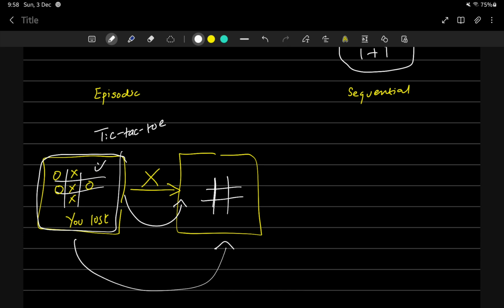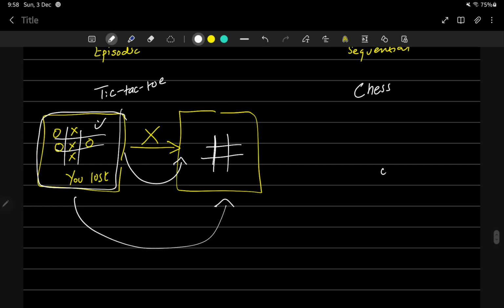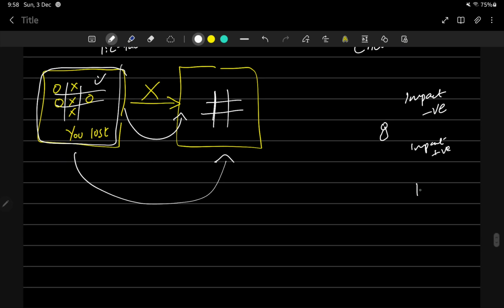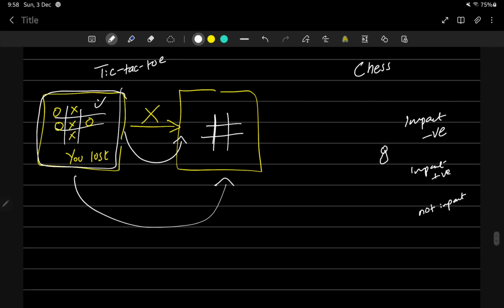I'll repeat the example of chess. If you play a move and it was a bad move, that will impact your game negatively. If it was a good move, it will impact your game positively. If it was a neutral move, then it will not impact your game at all, or maybe neutrally impact your game, right? So each move is contributing something.